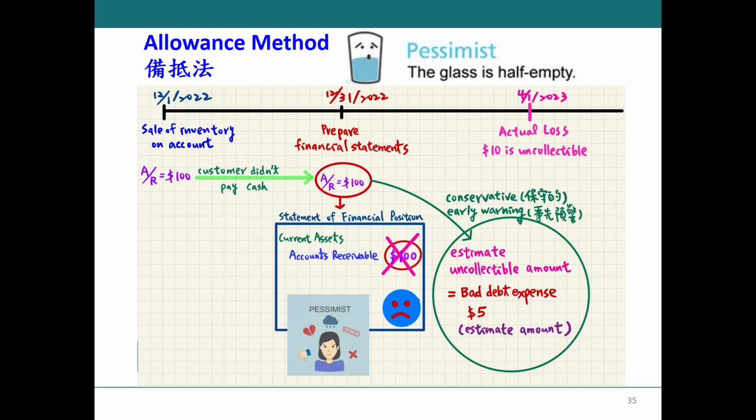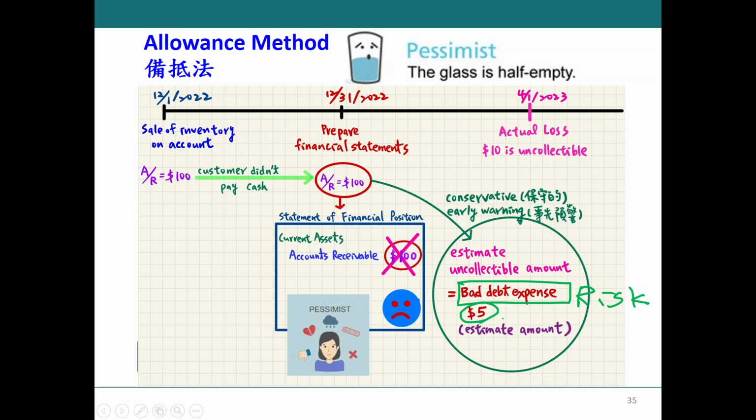So on the last day, you will consider the risk, even though it hasn't happened yet. So I consider the risk is $5.